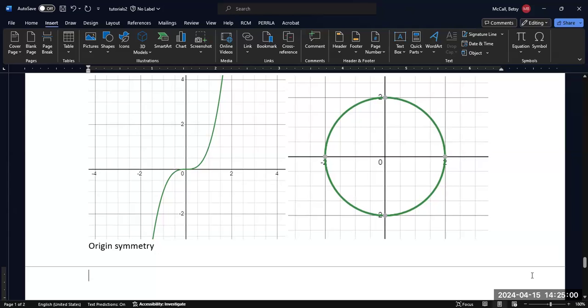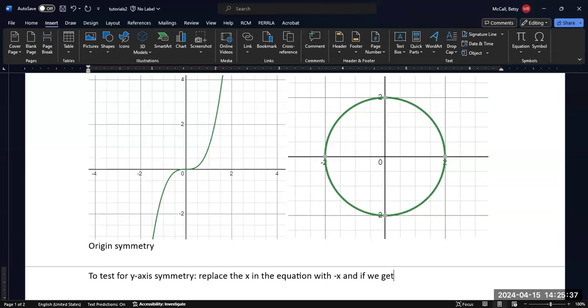Now, how would we go about establishing algebraically, not just looking at the graph, but algebraically, how these things are symmetric? What we will essentially do is to test for y-axis symmetry. Since we want the y coordinates to be the same on both sides, so the same y value, different x values, we're going to replace the x in the equation with -x.